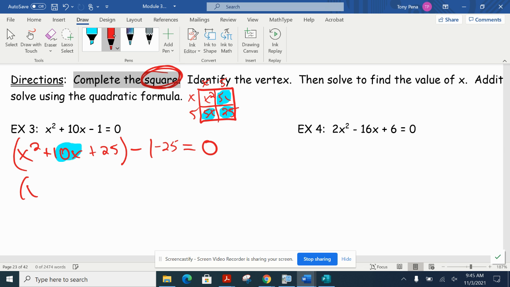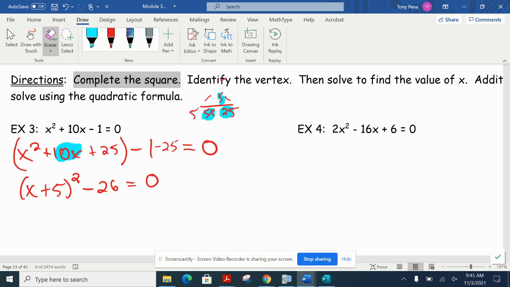So that what we end up with is x plus 5 on the top, x and a positive 5 on the bottom. So this is x plus 5 squared. We end up with a negative 26, and then that would equal 0. All right. If I now ask you what the vertex is, we can say that's negative 5, negative 26.